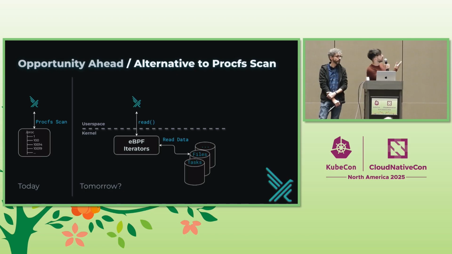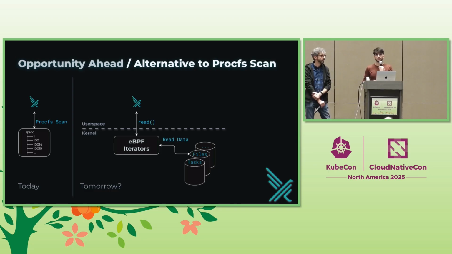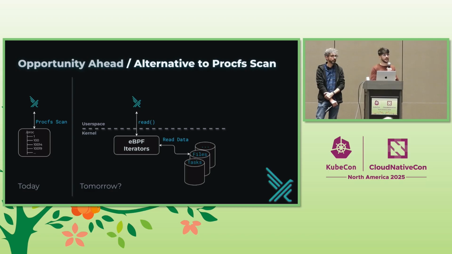And we would like to replace this with eBPF iterators. That is a newer feature in the kernel. It has been around for a few years, but we would like to include it in Falco.